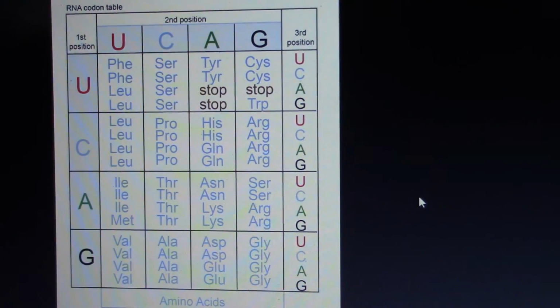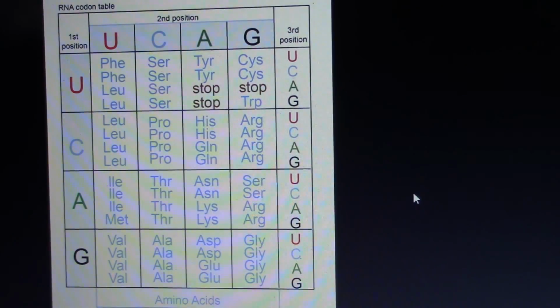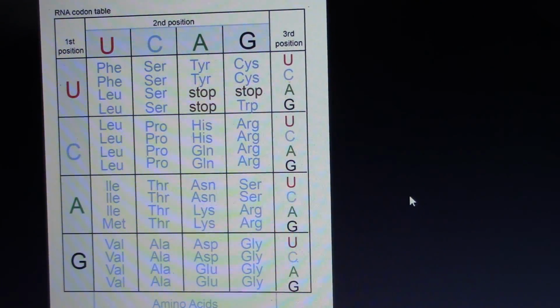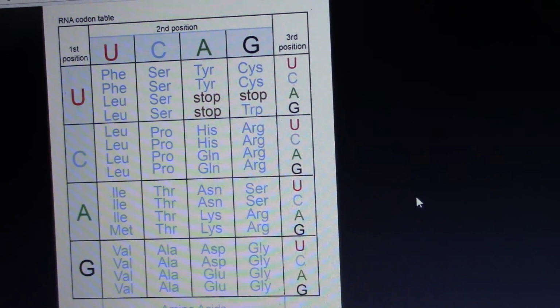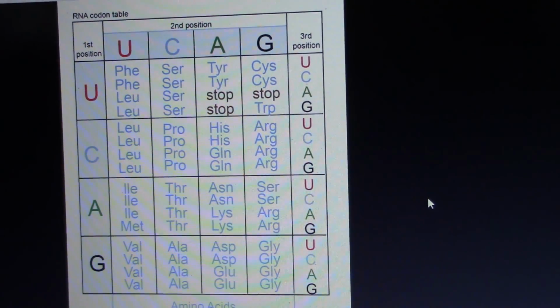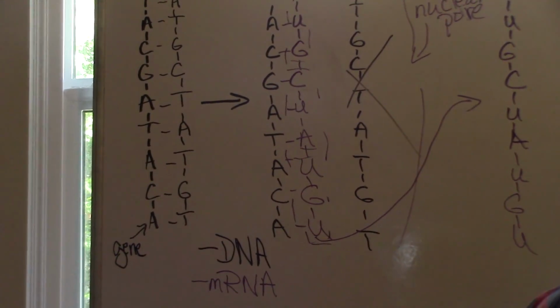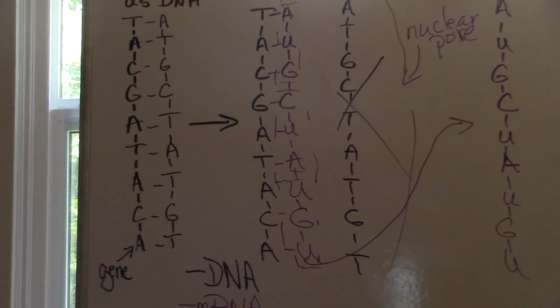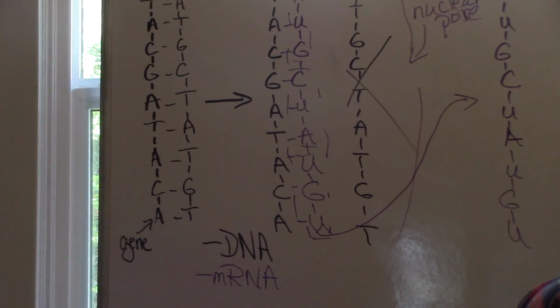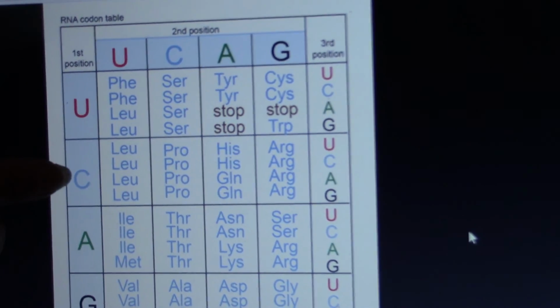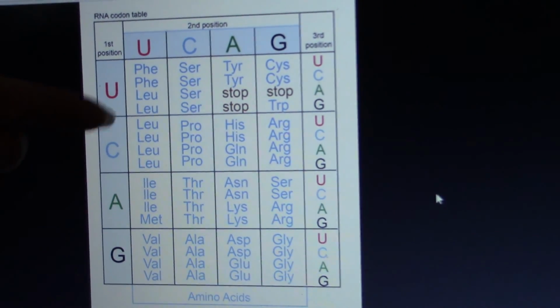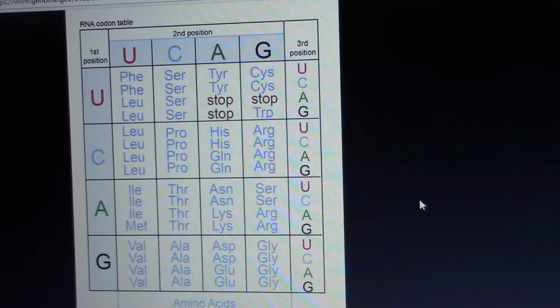That's one of the amino acids. You do not have to memorize that. But the AUG is what's called the start codon. So that is the first codon of each messenger RNA transcript. Then we had CUA.